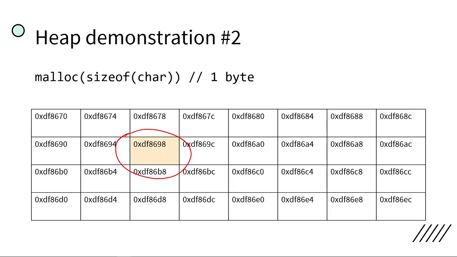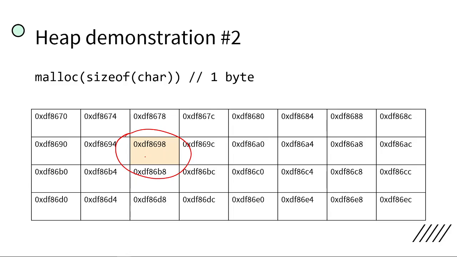Next. So again, the choosing of where in the heap our data is stored is random. That's why my highlighting here in my PowerPoint is random. So recap, we allocated 1 byte of memory on our heap.